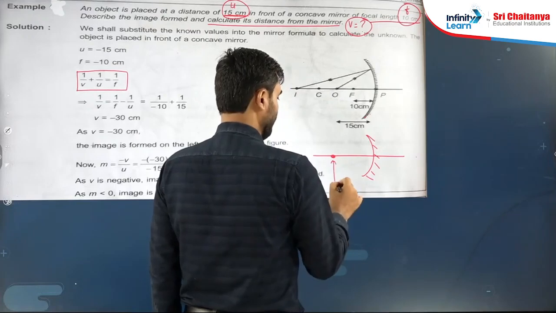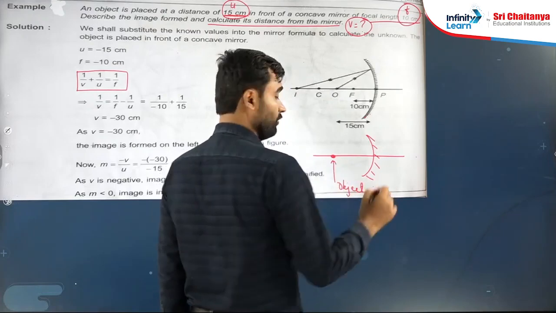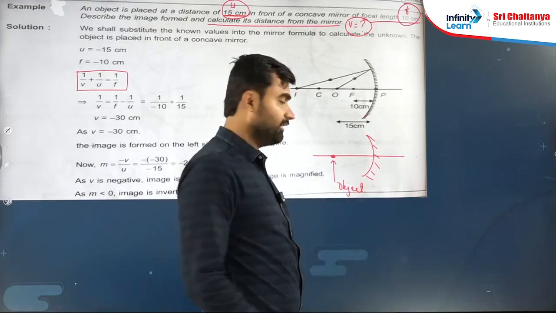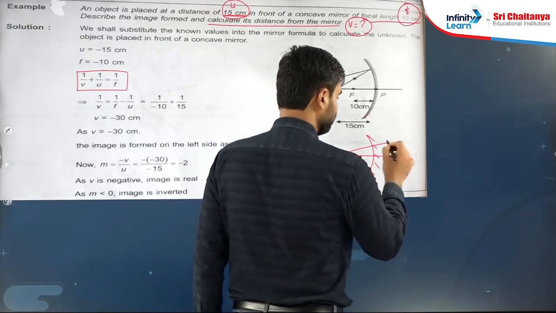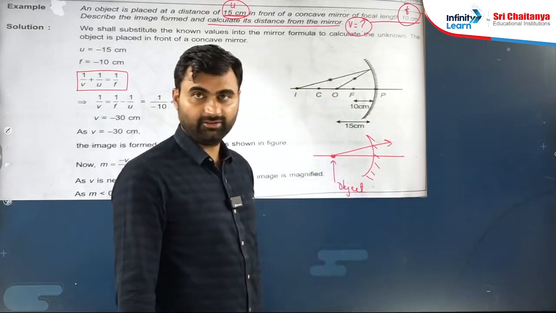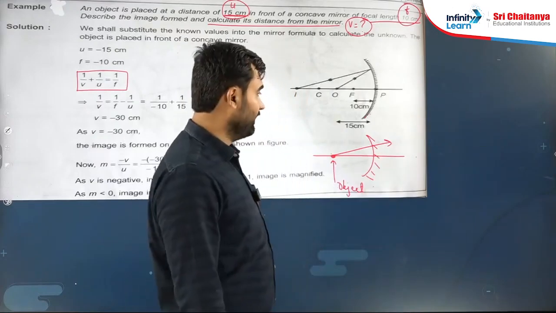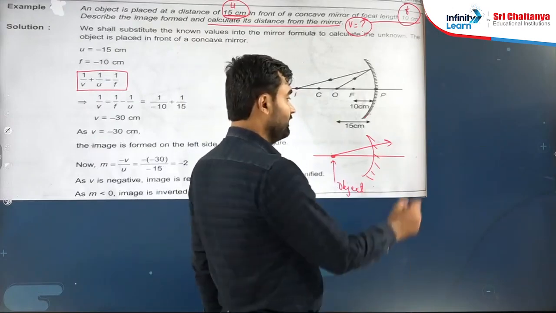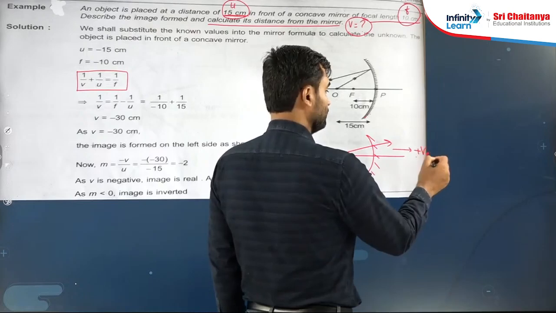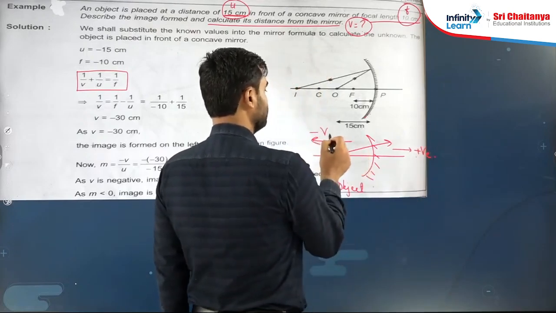Do you know how rays will be incident from the object? Rays are incident like this. If rays are incident like this, then this direction is positive and this direction is negative.